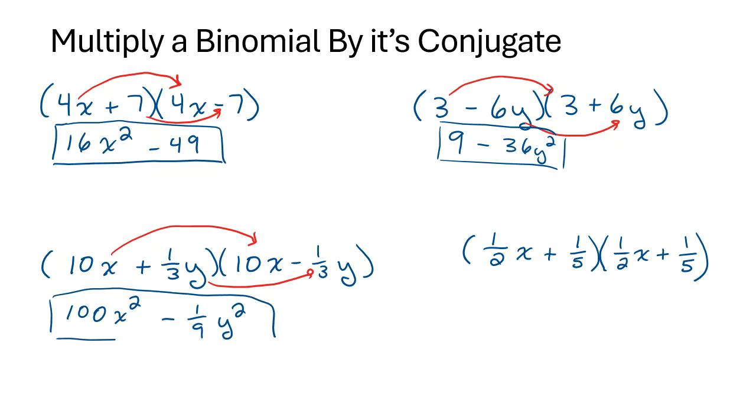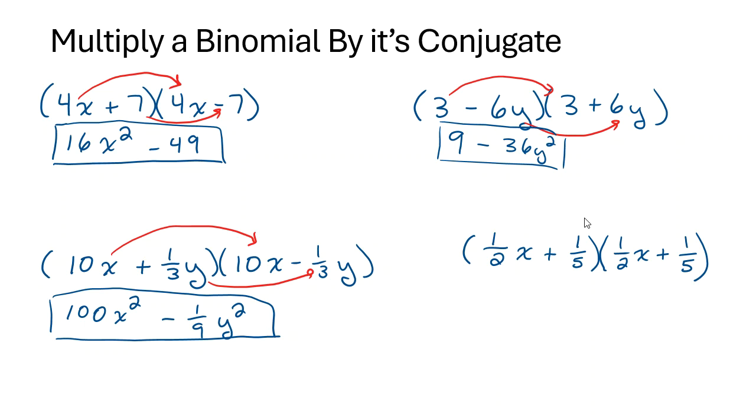So notice these answers are all binomials, because the middle term is dropping out. And notice that the terms of all of these binomials in these answers are perfect squares. That's a perfect square, that's a perfect square: 3 times 3, 6y times 6y. That's going to come in super handy when you learn how to factor.